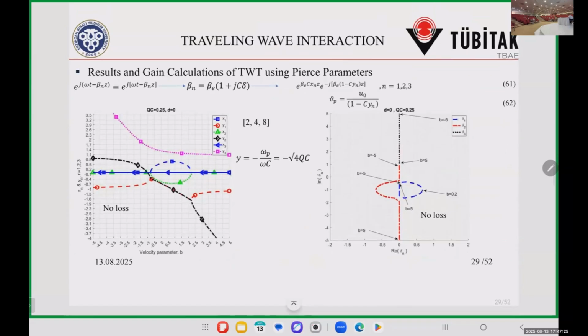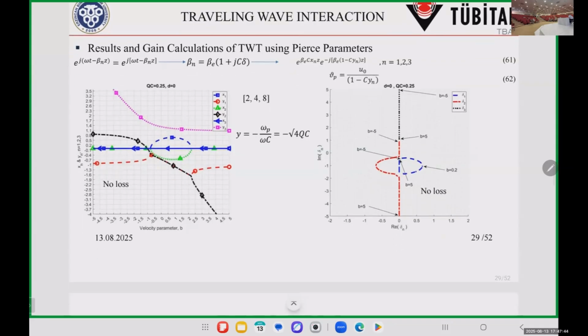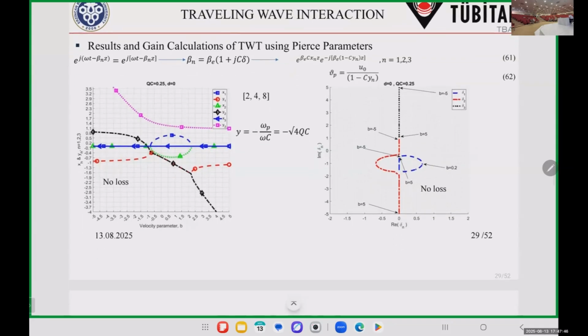If we select this case with no loss and QC equals to 0.25, then we can obtain these graphics here. So we can see some interval here, velocity parameter.